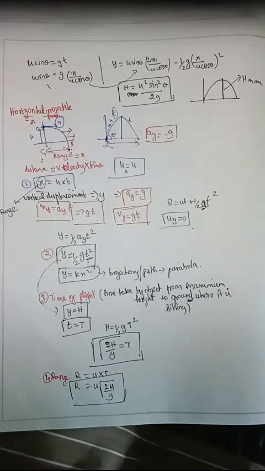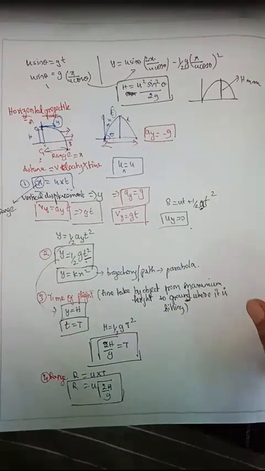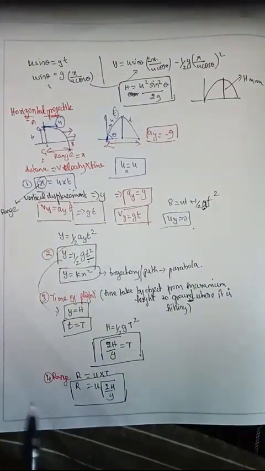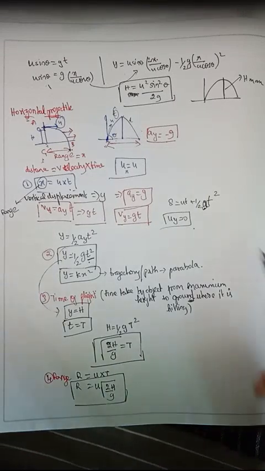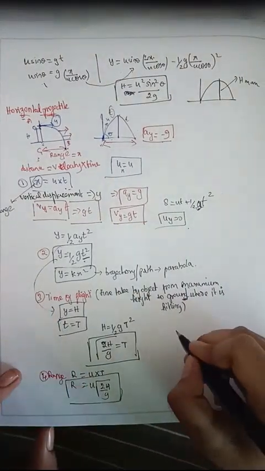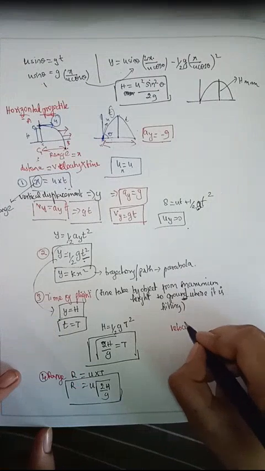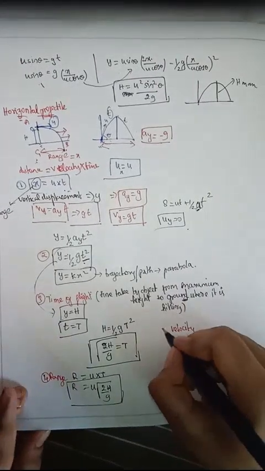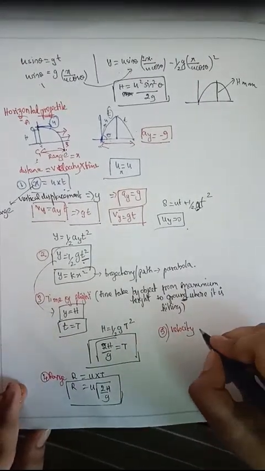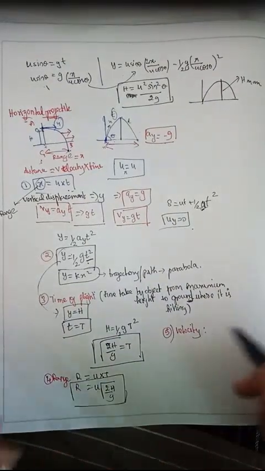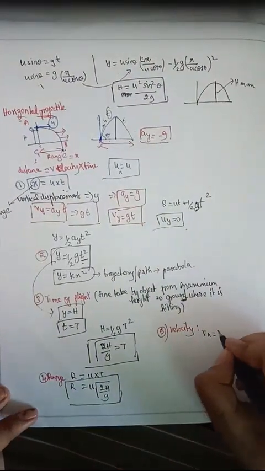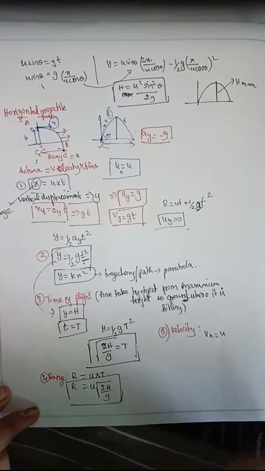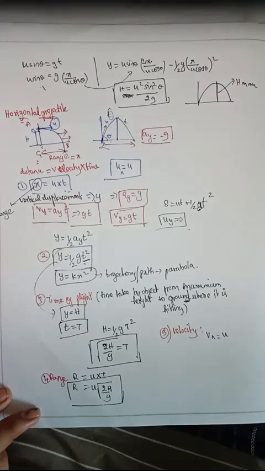We have seen the range and time of flight, and now the velocity of the horizontal projectile. As I said, Vx is u, and there is no change in Vx even after reaching the ground.